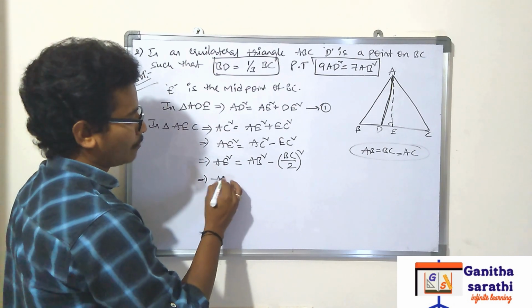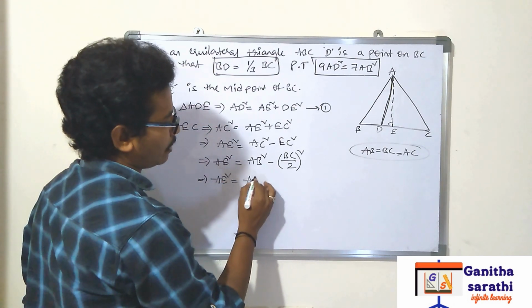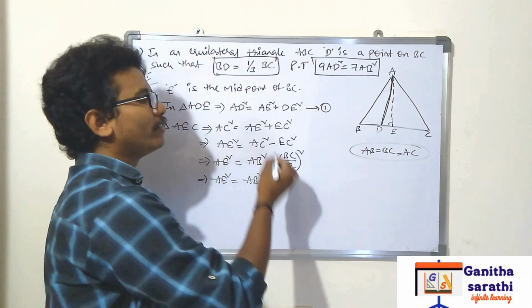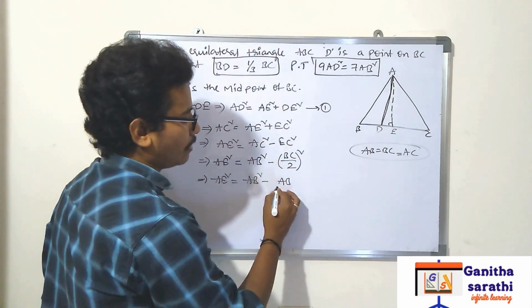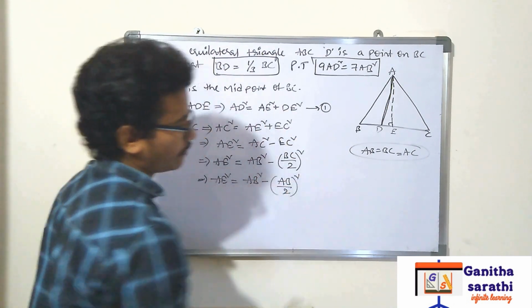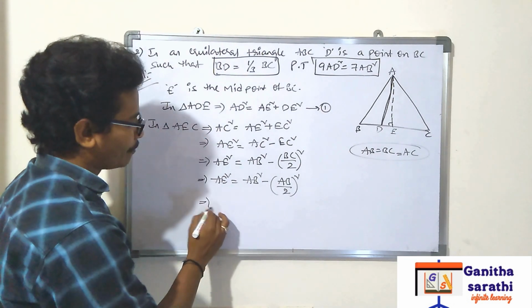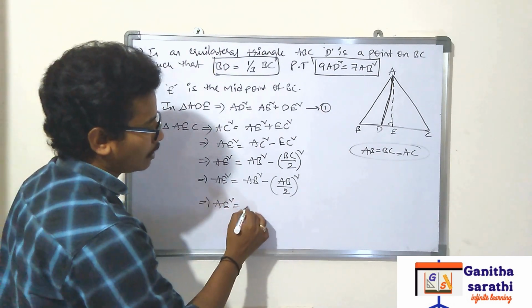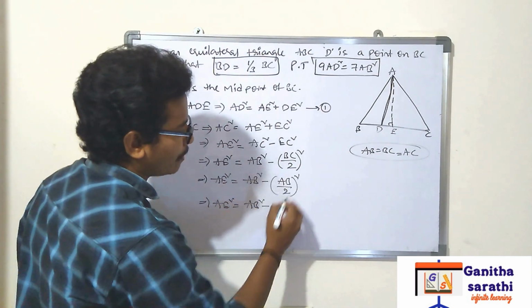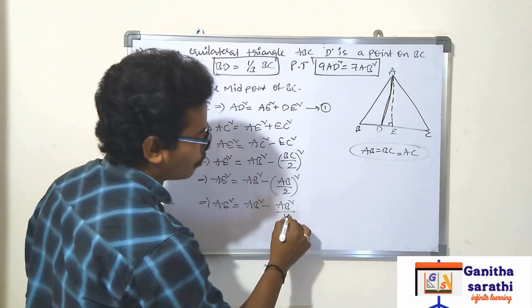That is, AE square is equal to AB square minus BC, which also can be written as AB, right? AB by 2 whole square. The three line segments are equal. AE square is equal to AB square minus AB square by 2 square, which means 4.